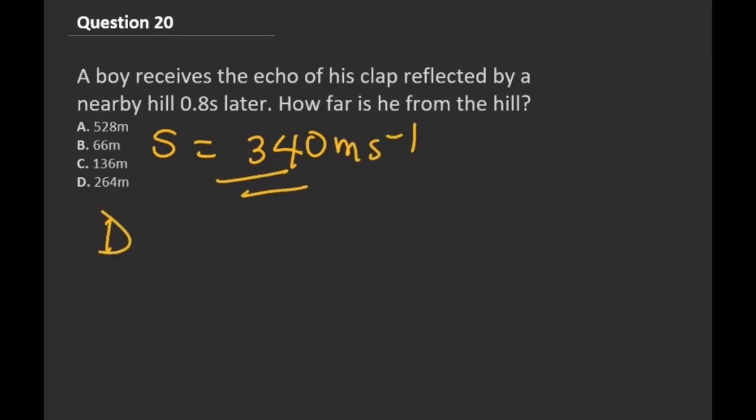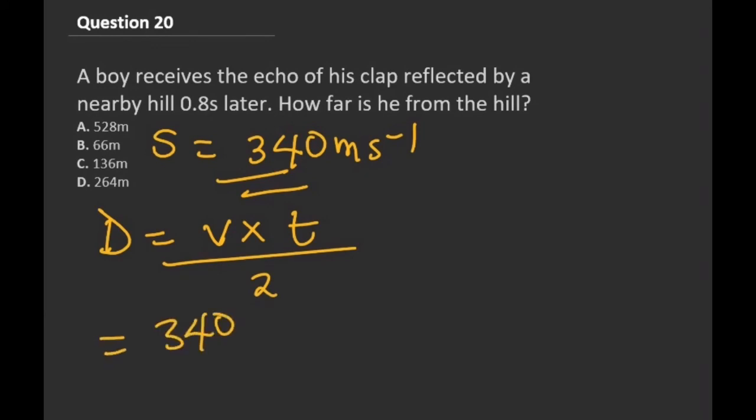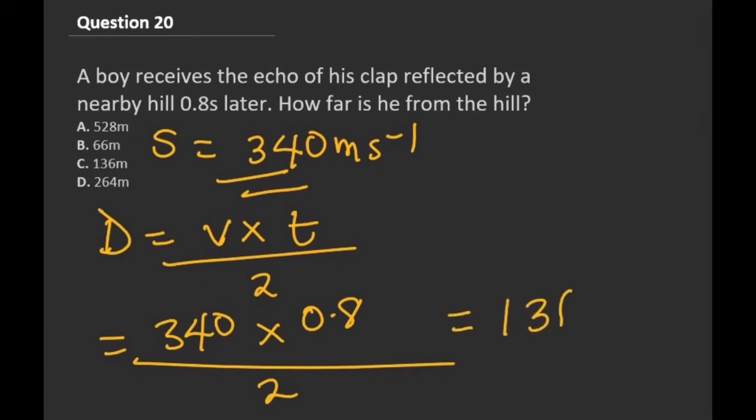Now, to get the distance is velocity times time divided by 2. Since the velocity is always 340 meters per second times the time given is 0.8, divide what you have by 2. 340 times 0.8 divided by 2 will give us 136 meters. So the right answer is C.